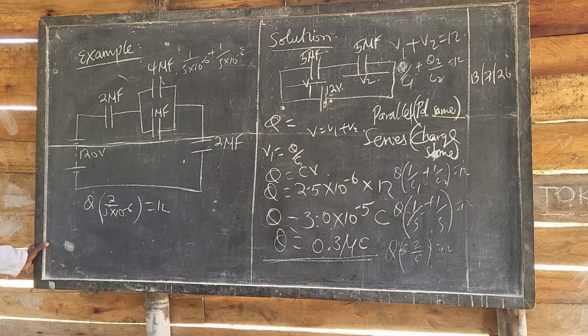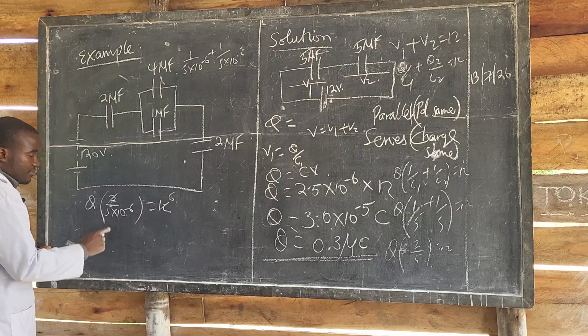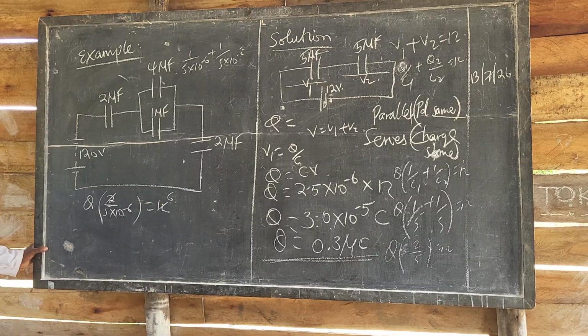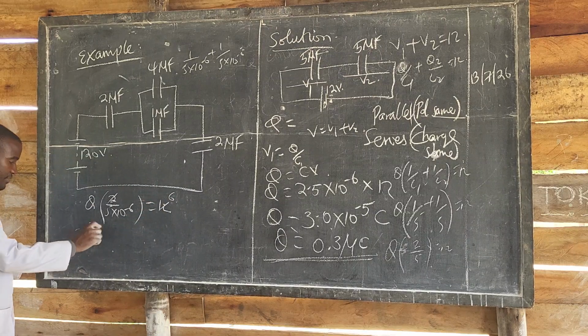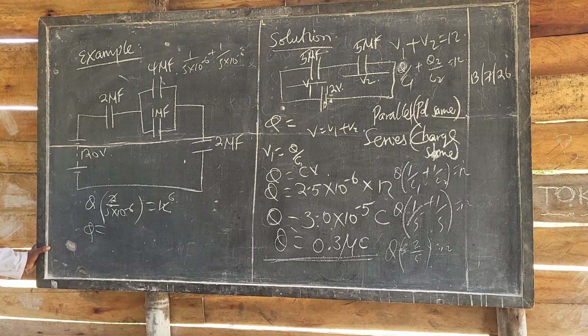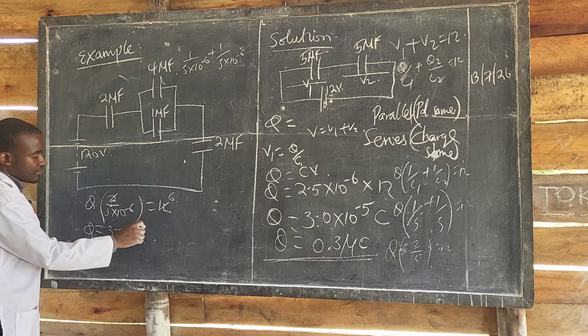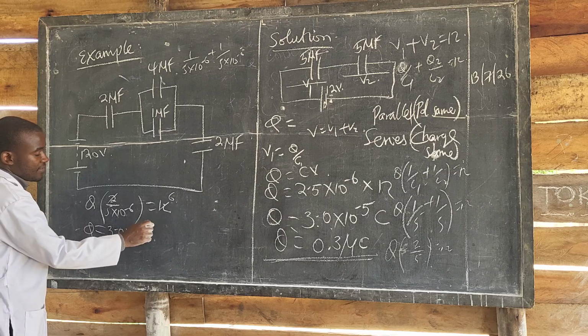Yeah, we get this. So multiply by 5 exponent negative 6, what do we get? You get 3 exponent negative 5.